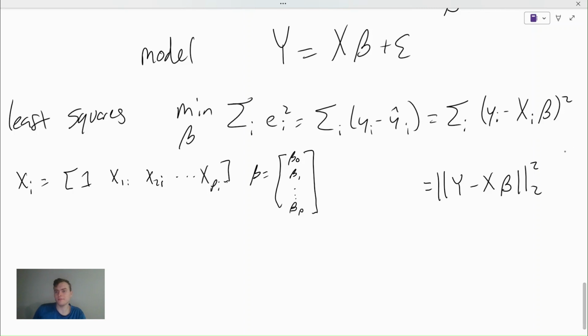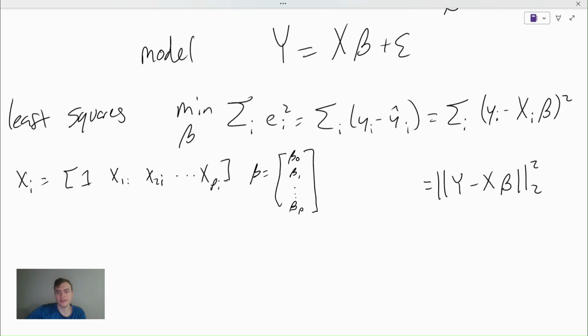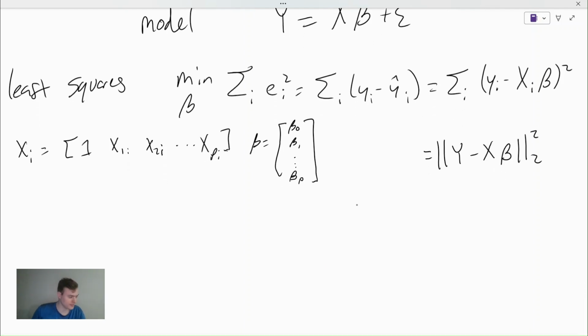So the 2 norm is the same as doing the sum of squares and then square rooting it. So if we do the 2 norm squared, then it is exactly the sum of squares. If you don't know what this means, that's okay. But norm is important when we're doing multivariable math with matrices, right?